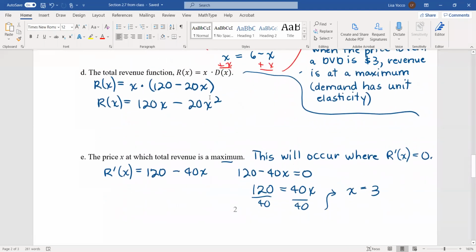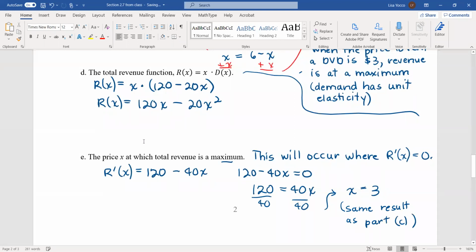And we also got that same information by finding where the derivative equals 0. So that's the same result as part C.